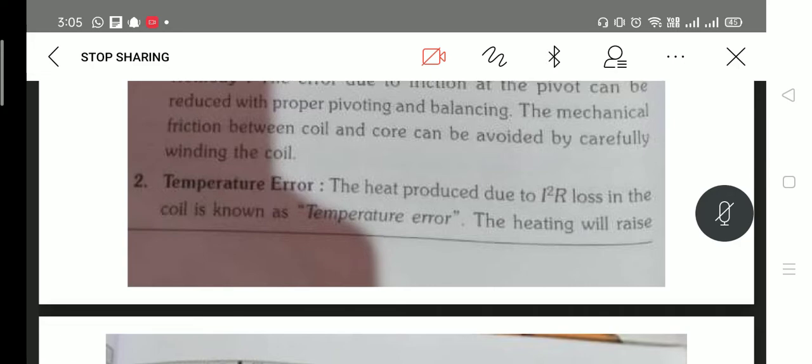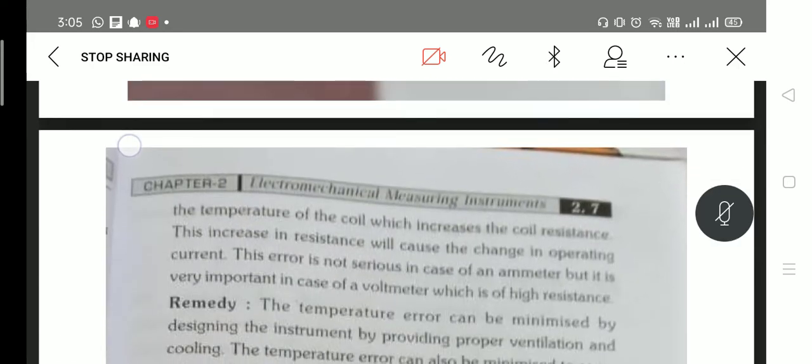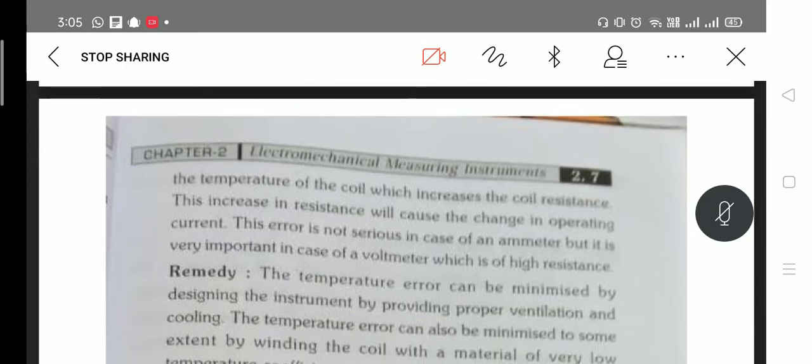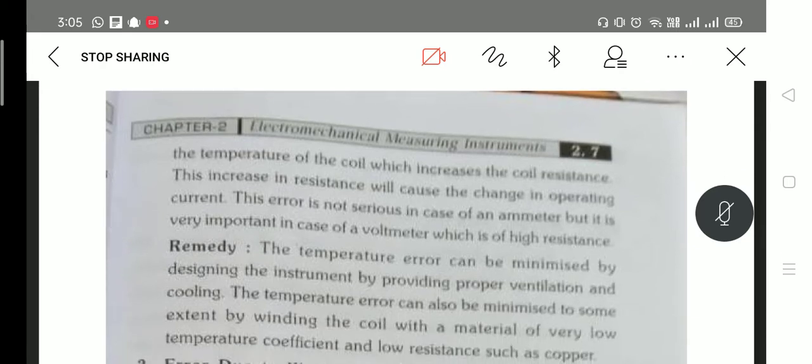So we can reduce this temperature error by providing proper ventilation. For cooling purposes we can use some coolers. If we provide proper ventilation for cooling in the instrument, then we can reduce this temperature error.